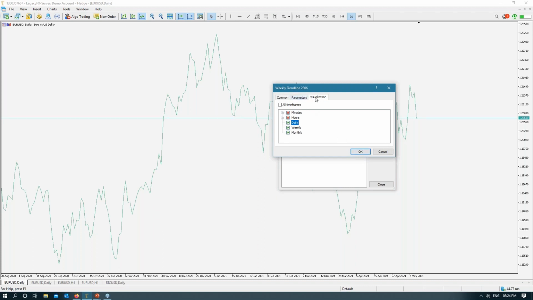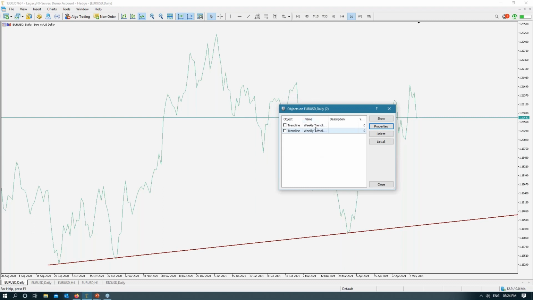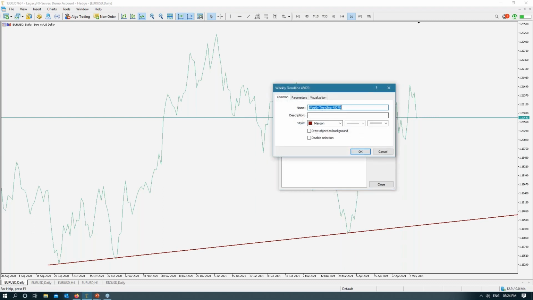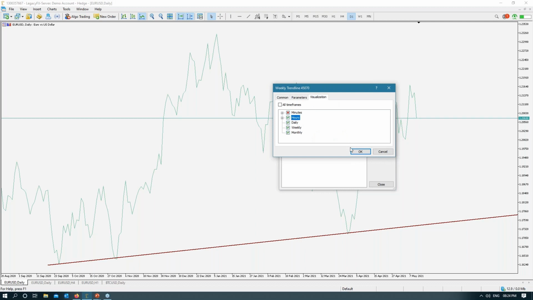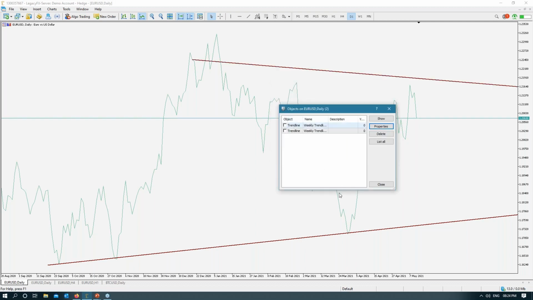You can turn off in what week and what chart you can see and can't see specific lines. In this case, I want to see them. So I go to the visualization of the line. I want to see them up to hours. And now they will show up again.